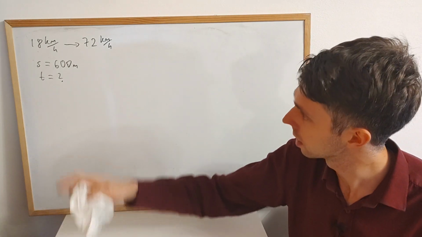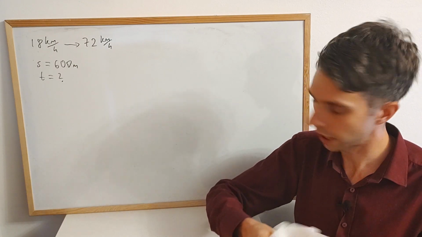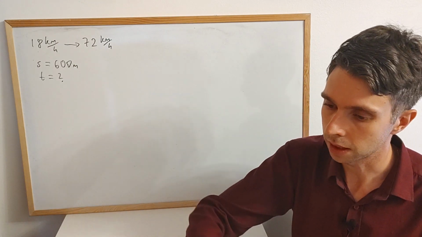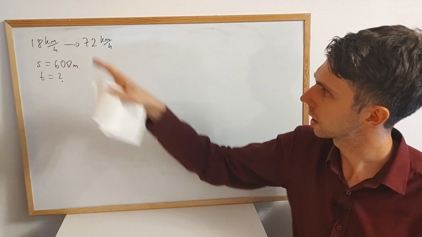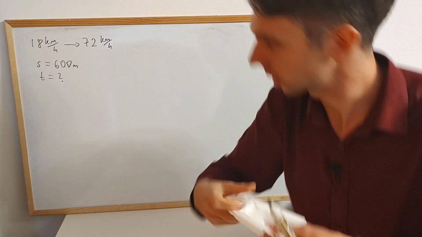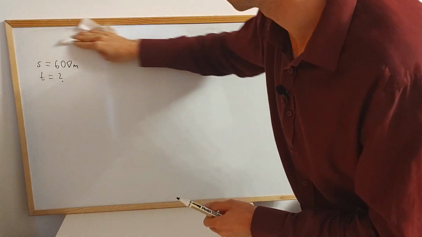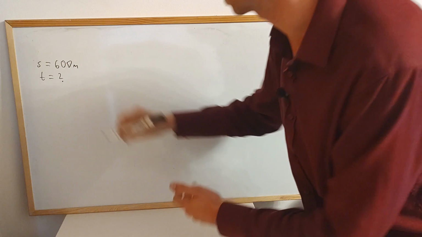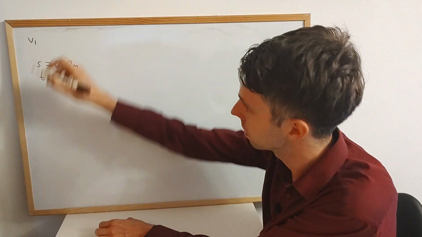So first of all, I would expect to have the result in seconds, and also here I have kilometers and here I have meters, so I should convert these speeds from kilometers per hour to meters per second. So let's call the initial speed v1.